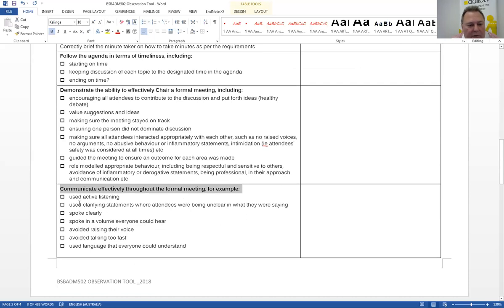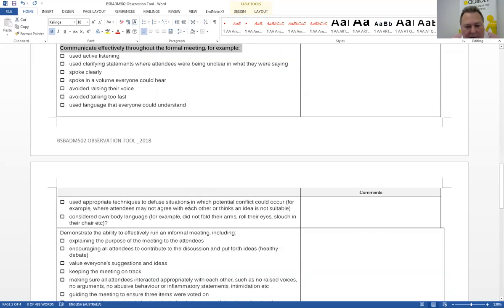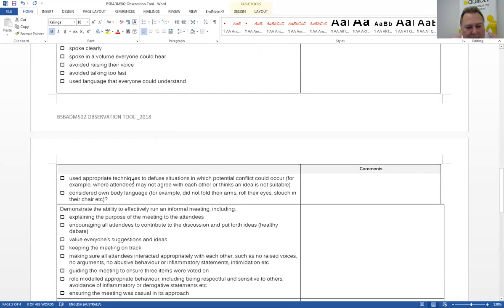Formal meeting, for example, used active listening skills, used clarifying statements where attendees were being unclear in what they were saying. Did they speak clearly, speak at a volume everyone could hear, avoid raising their voices, avoid talking too fast, use language that everyone could understand, and use appropriate techniques to diffuse situations in which potential conflict could occur.